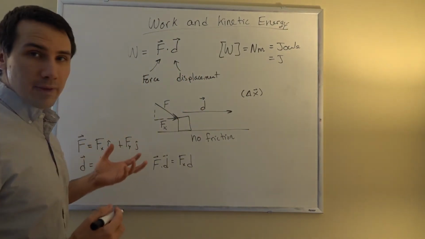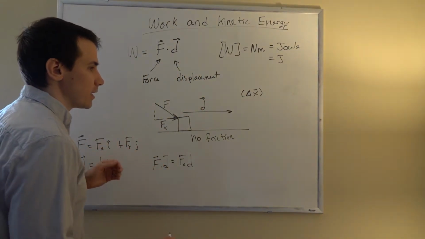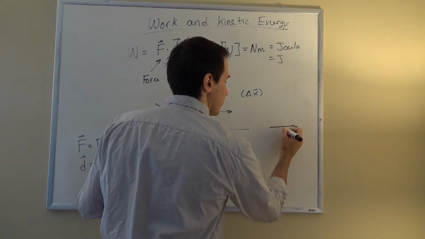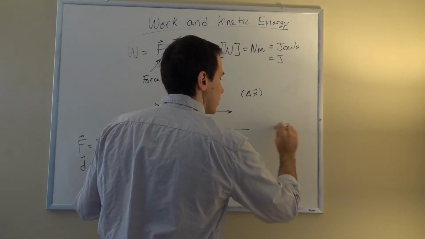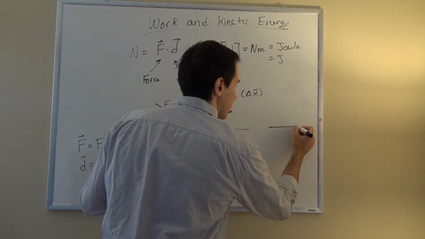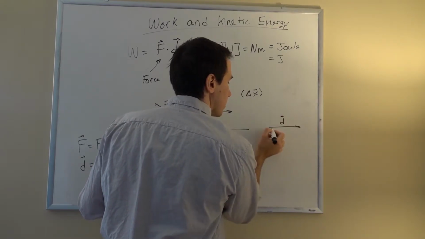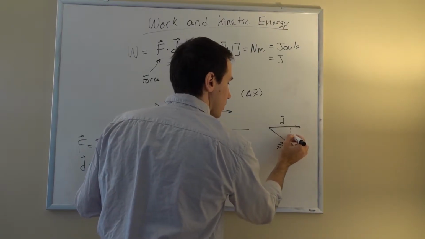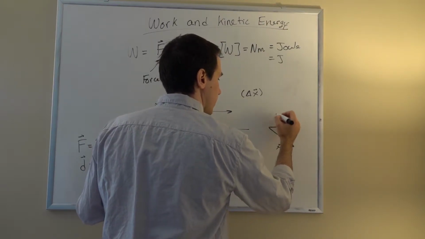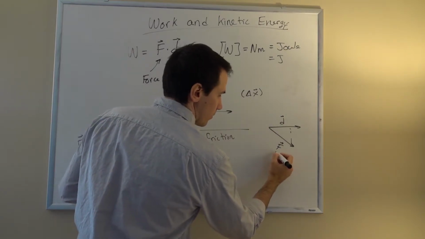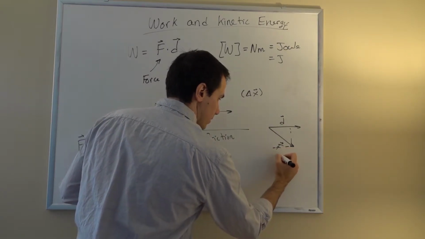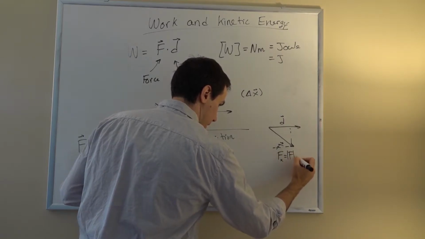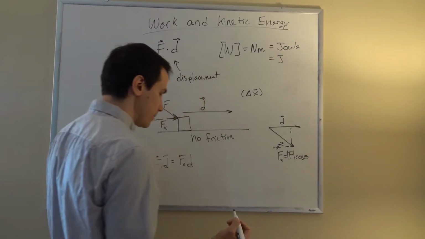The cosine method also works because if I think about my displacement vector here and my force vector here, this component, this distance here, is Fx equals F cosine of theta.